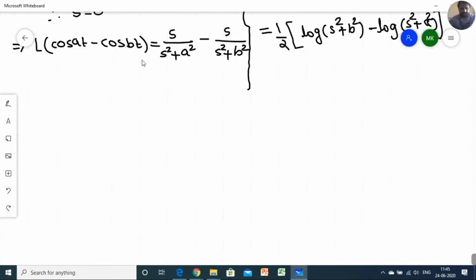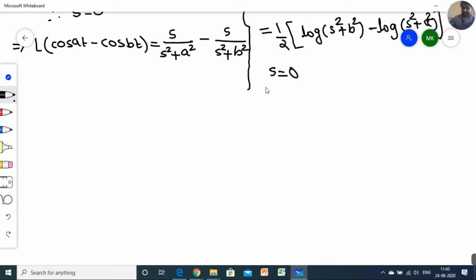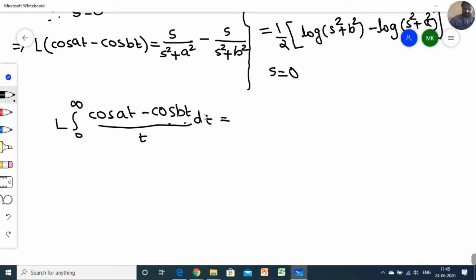So while applying s equal to 0 with the definitions, the integral 0 to infinity (cos of at minus cos of bt) divided by t into dt is equal to 1 by 2 times log of b square minus log of a square, because s equal to 0.